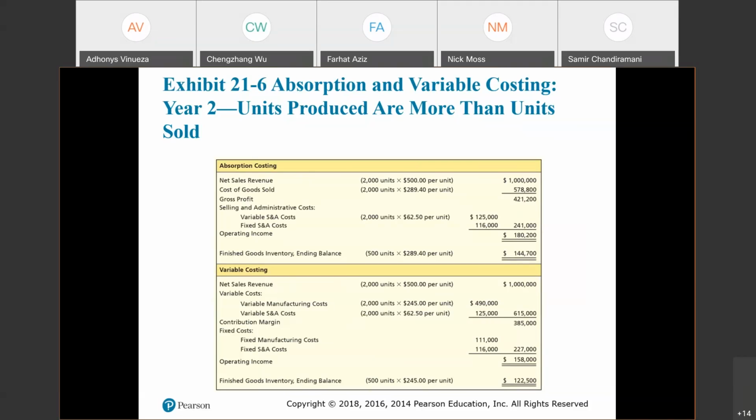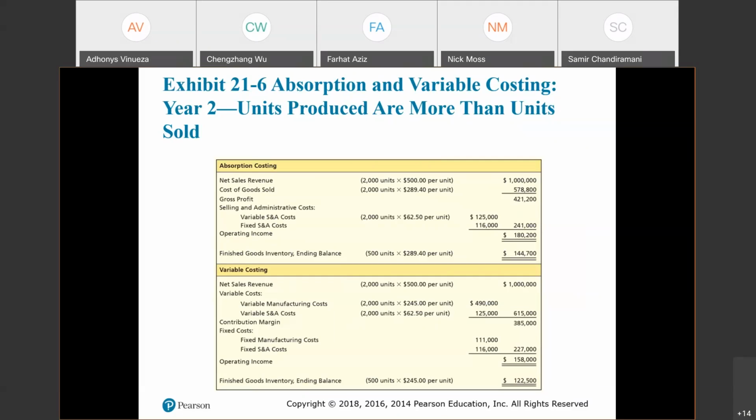Additionally, we should have the ending finished goods inventory balance to be $144,700, which is calculated as the per unit cost under absorption costing times the units left on balance, which is 500 units.